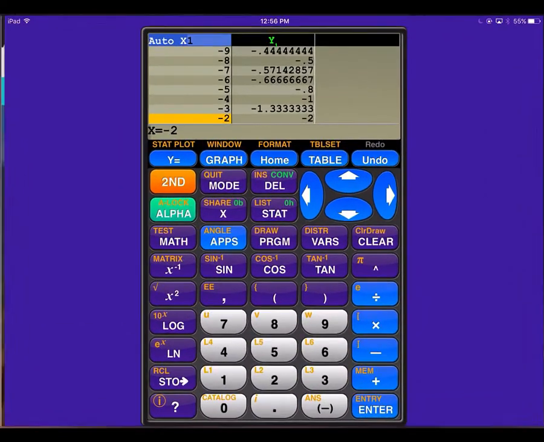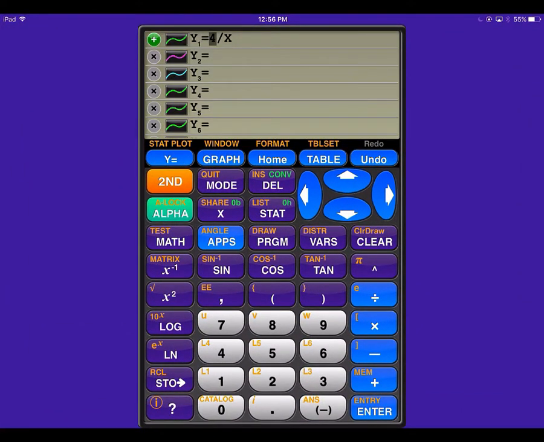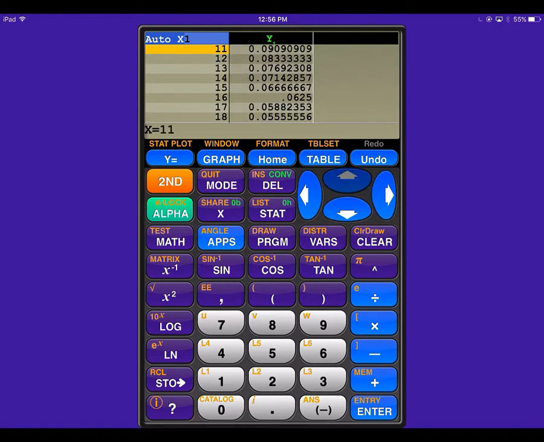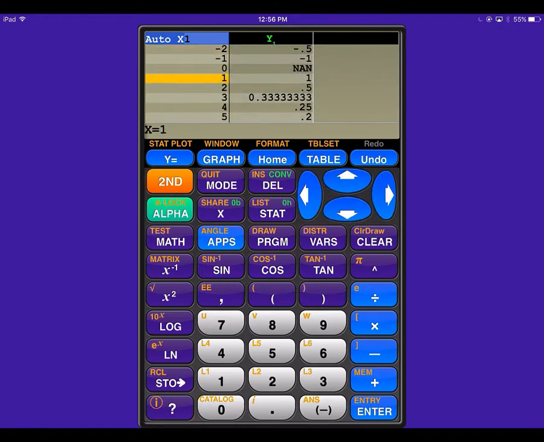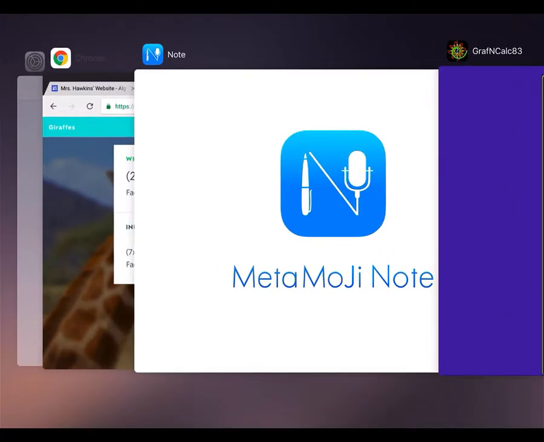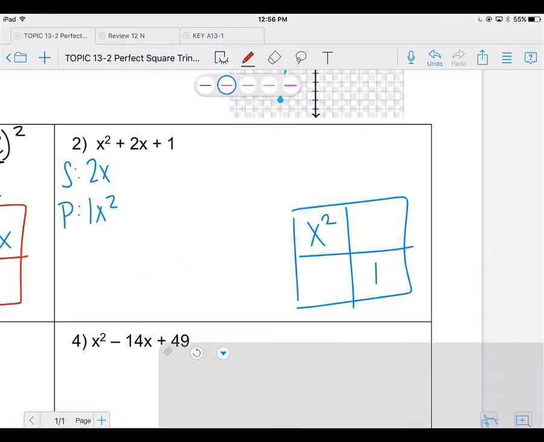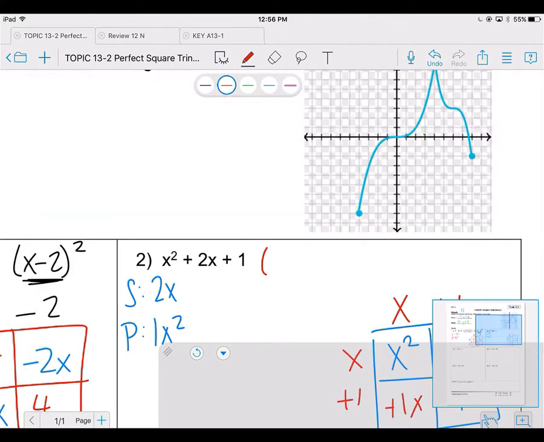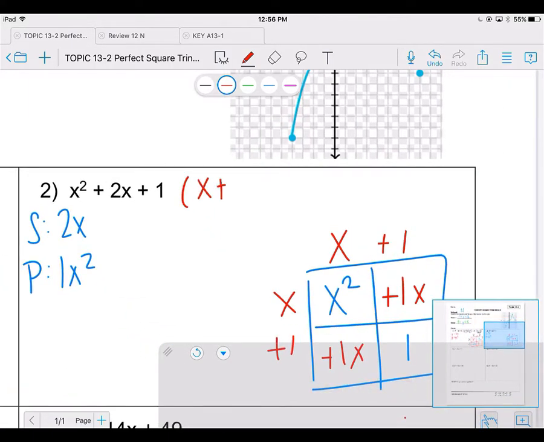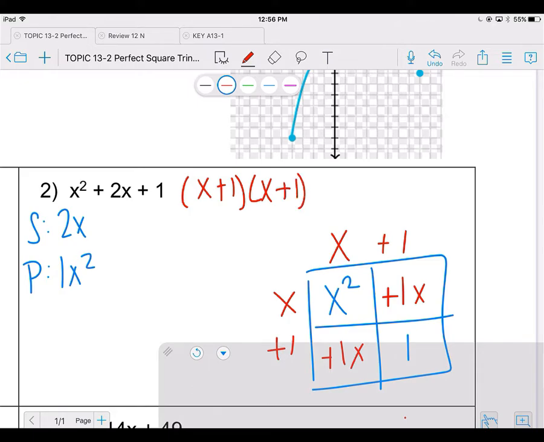So I put 1 divided by x and y equals in my calculator and look for two numbers that add to 2. 1 plus 1 would give me 2. So I take out my GCFs, x plus 1, x plus 1. So again, my factor is x plus 1, which can also be written as x plus 1 squared.